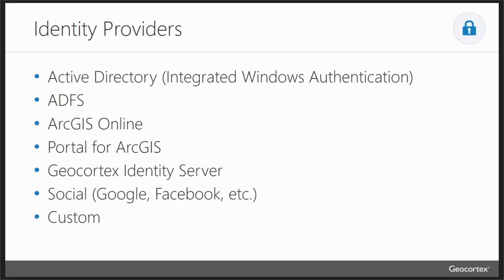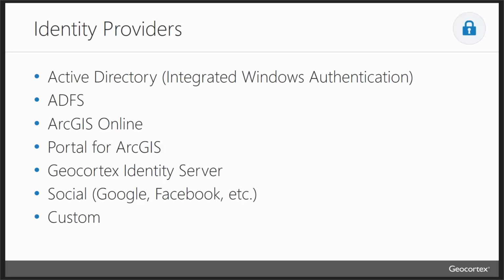So for really large organizations that have many different Active Directories, this is often sort of the avenue that we go. So we'll authenticate with the ADFS instance. That will figure out which actual Active Directory to sign you in to, and then all that information flows back to the web application, your Geocortex Essentials app.